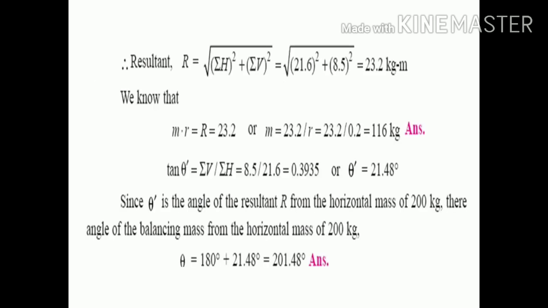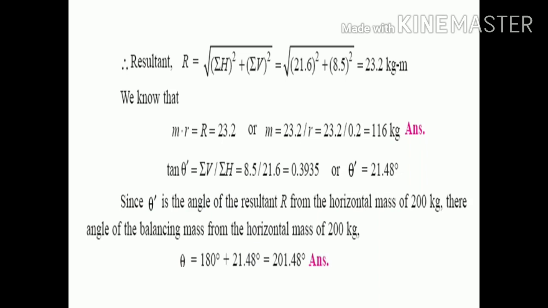After getting the summation of horizontal and vertical forces, we need to find the resultant R. The formula is simple: the square root of the summation of vertical forces squared plus the summation of horizontal forces squared. So 21.6 is our horizontal force squared plus 8.5 is our vertical force squared, and the answer is 23.2 kg meter.